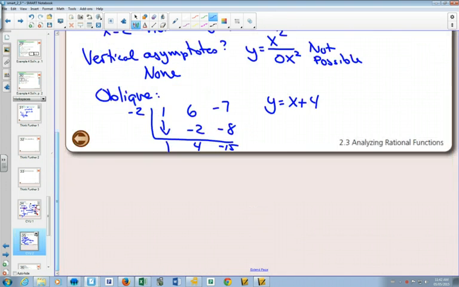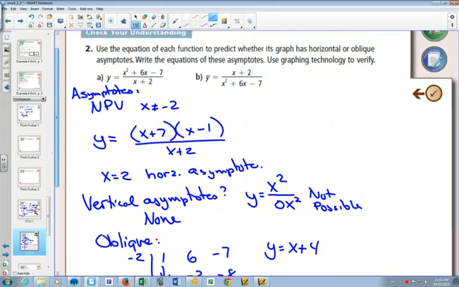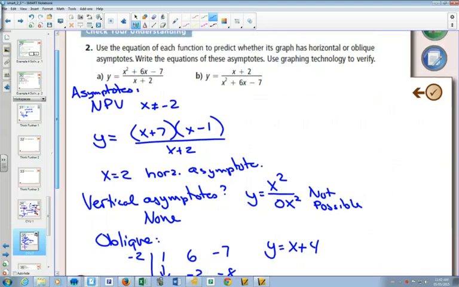And now we're ready to graph it. What do we know so far? Whoops, I got my words mixed up. x equals -2 is our vertical asymptote, right?